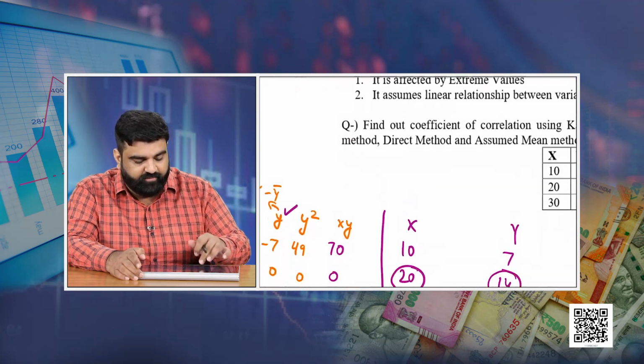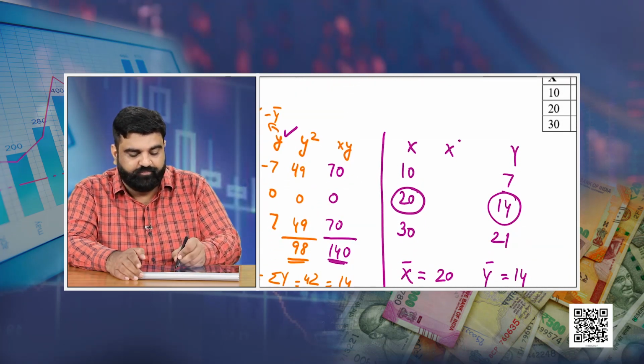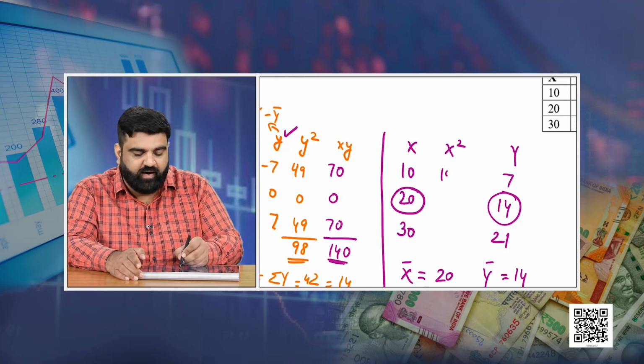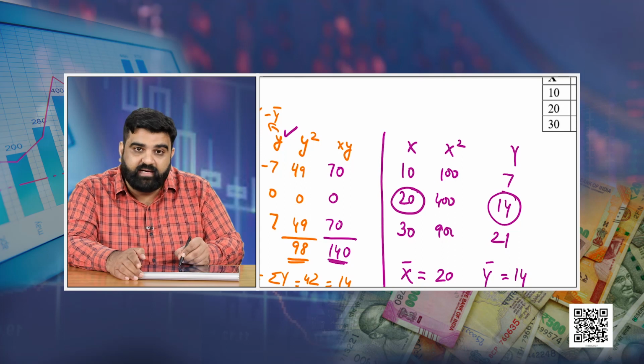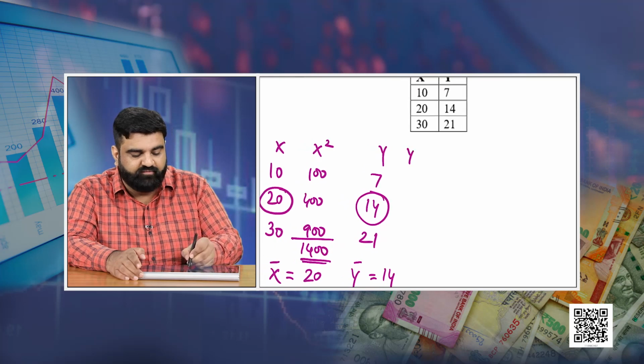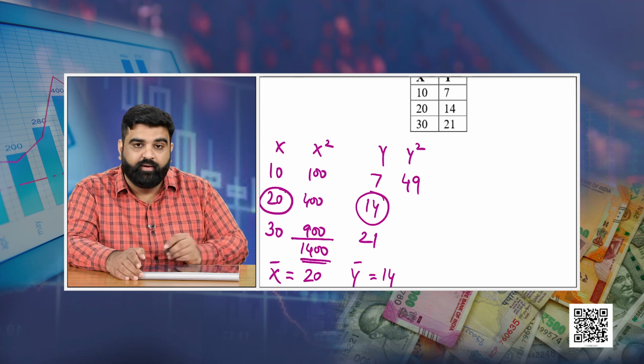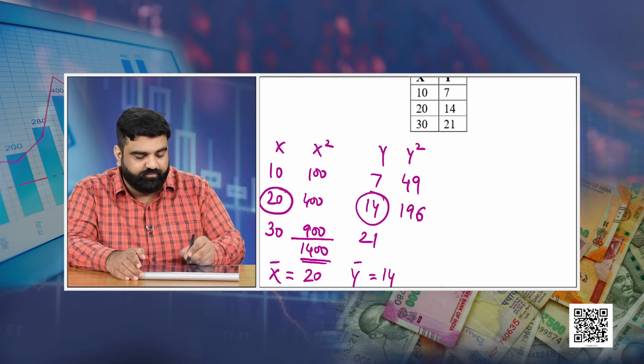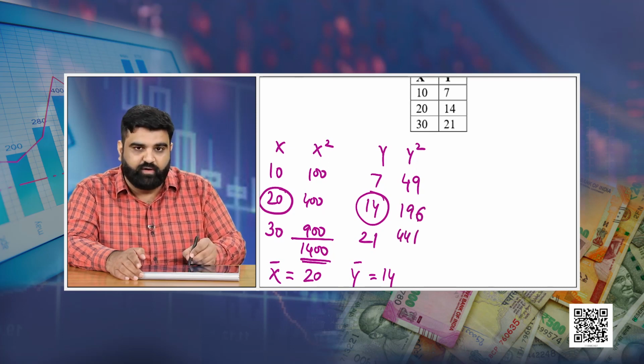So, let me calculate x square first. I have x square as 100, 400 and 900. The total to this will be 1400. Similarly, I also have to calculate y square. It will be 49, 196 and 441.